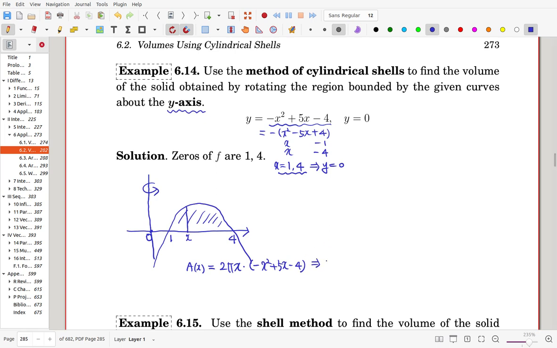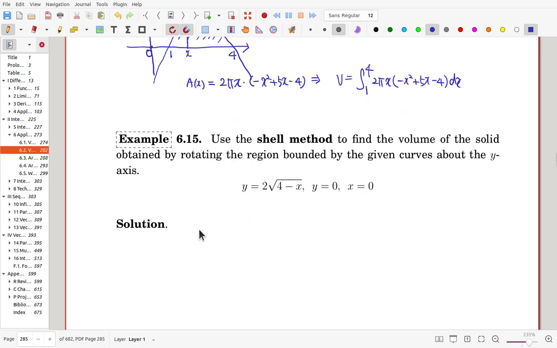So the volume is the integral from 1 to 4 of 2 pi x times minus x squared plus 5x minus 4 dx. I guess from now on you can finish it quite easily. Do it yourself, okay?